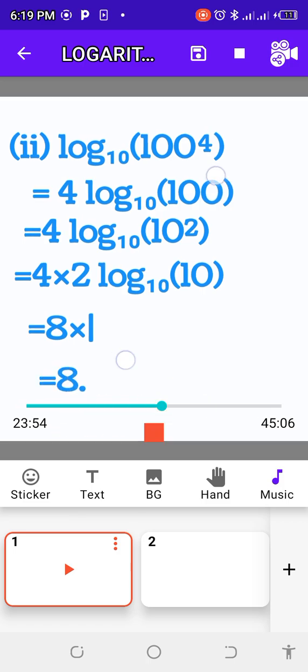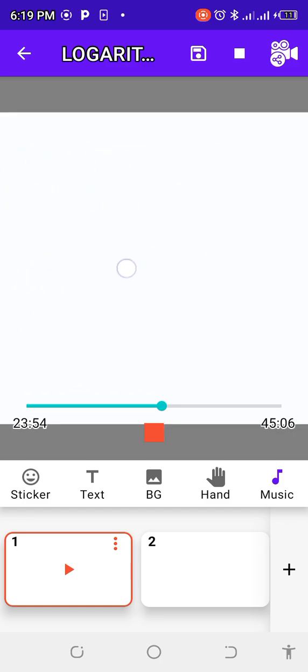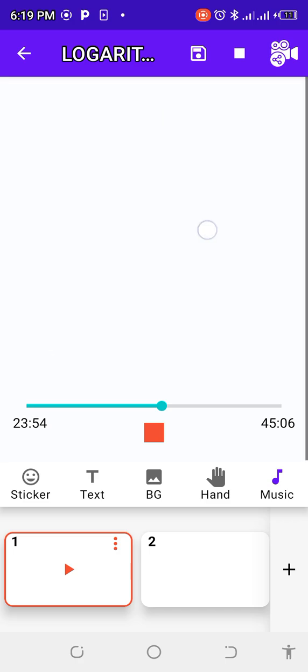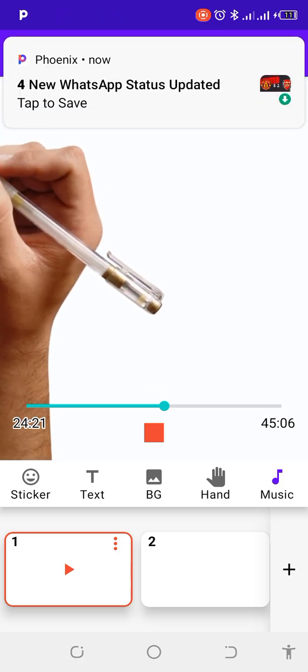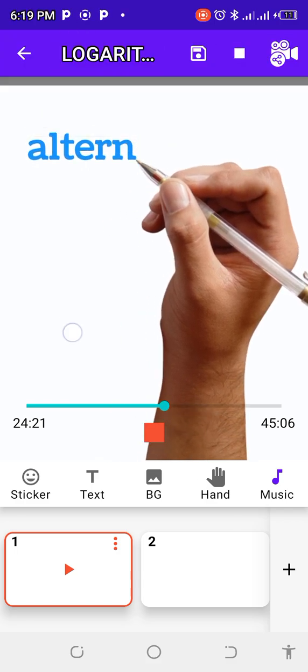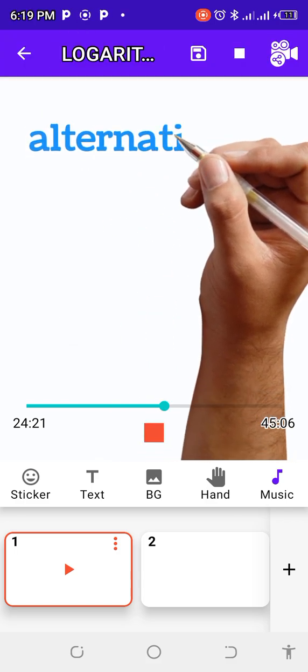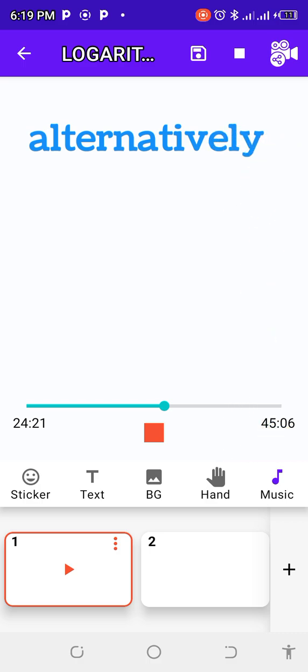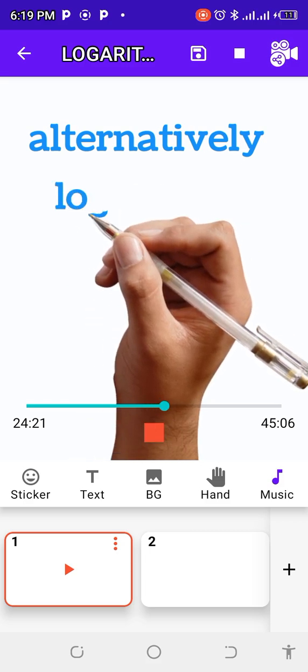which is equal to what? 8. Alternative way of doing this is to expand 100 raised to the power 4. That's an alternative way of doing it. And we arrive at what? 8. Now let's try it. So you will now have log 100 million base what? 10.